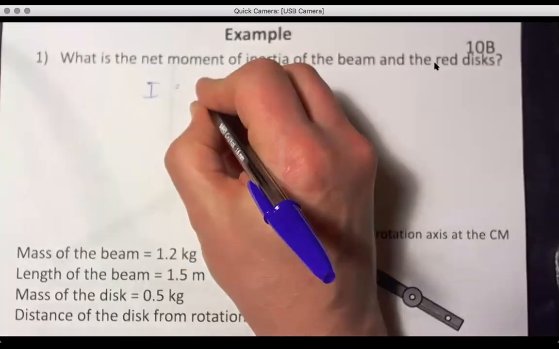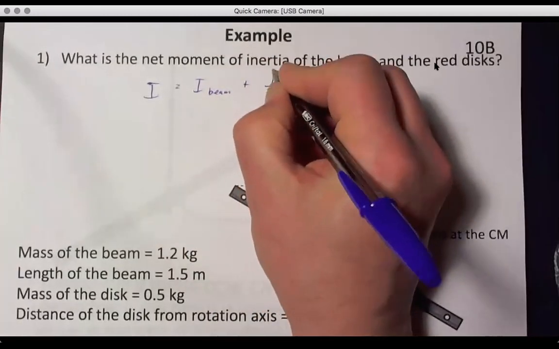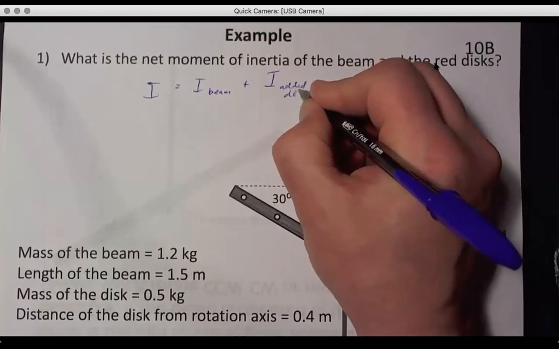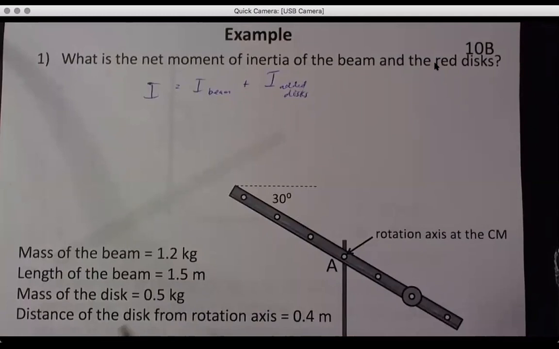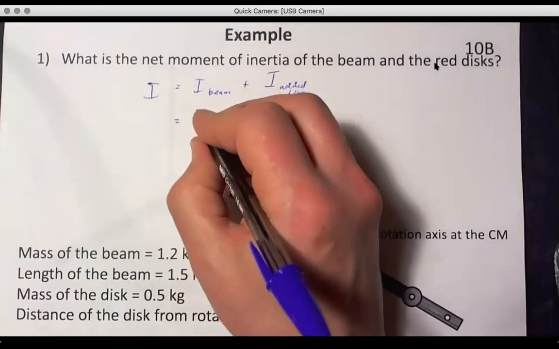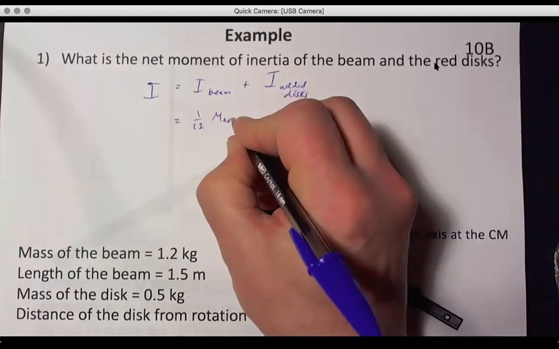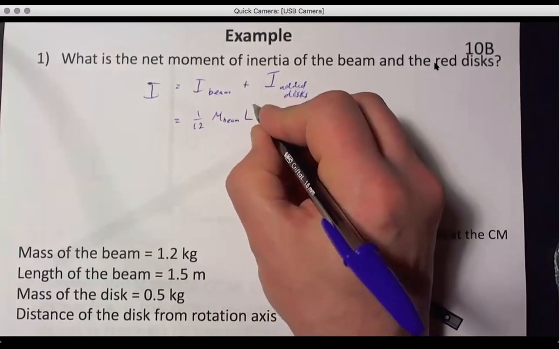is equal to I of the beam plus I of any added discs. And so that's equal to 1/12 the mass of the beam times the length of the beam squared.